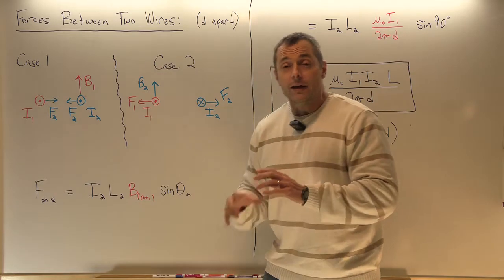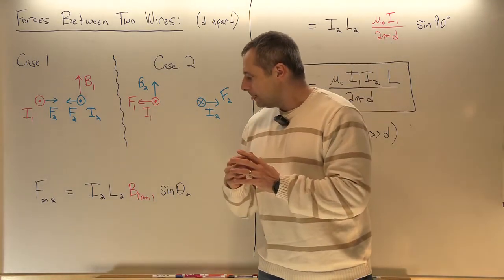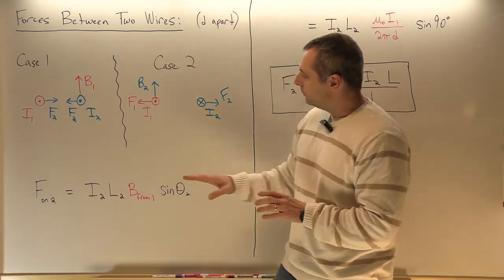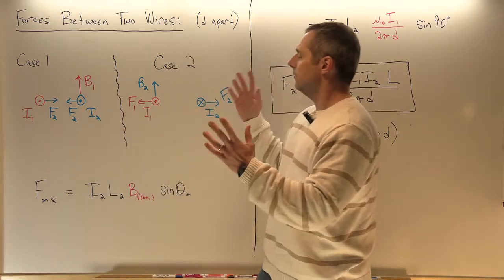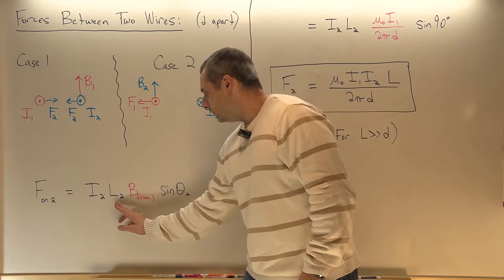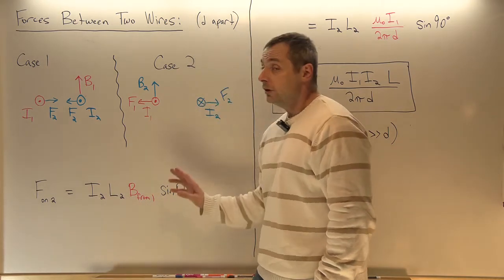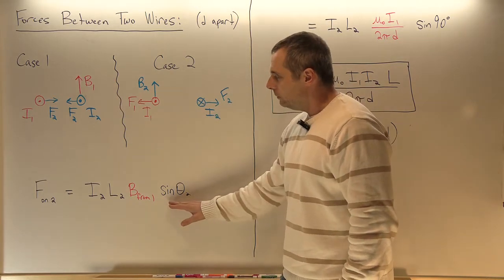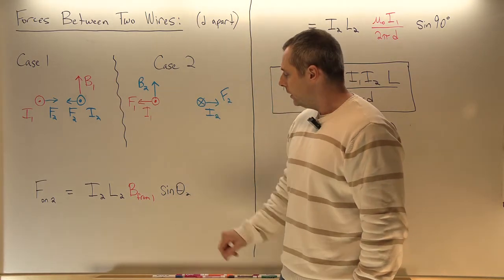Let's now figure out the magnitude. Remember, F equals ILB sine theta. So let's find the force on wire 2. In either case, it doesn't matter. So that'll be the current in wire 2, the length of wire 2, the magnetic field from wire 1, times the sine of the angle between the magnetic field and the current.